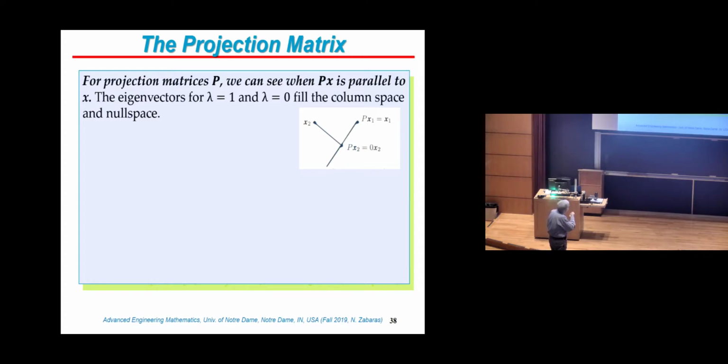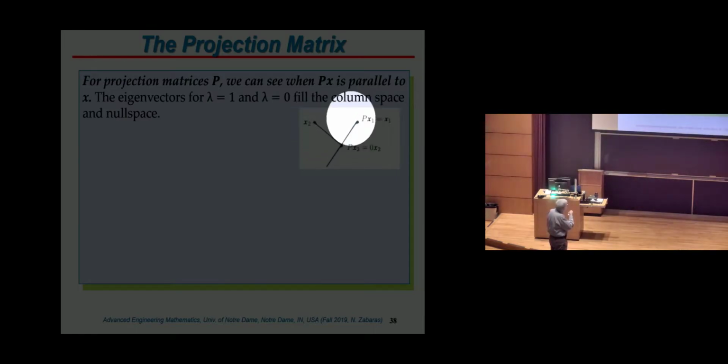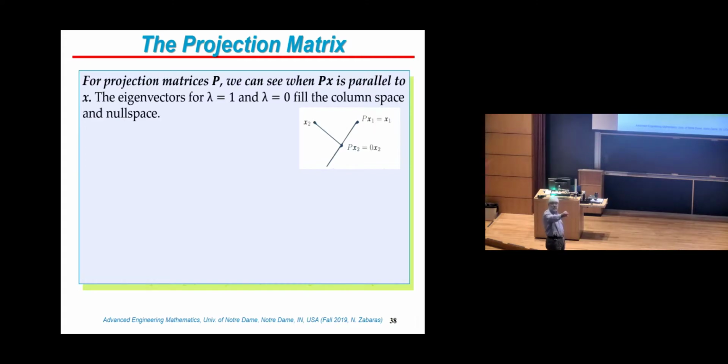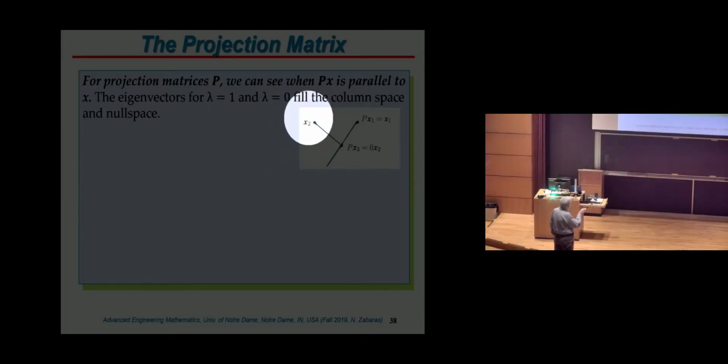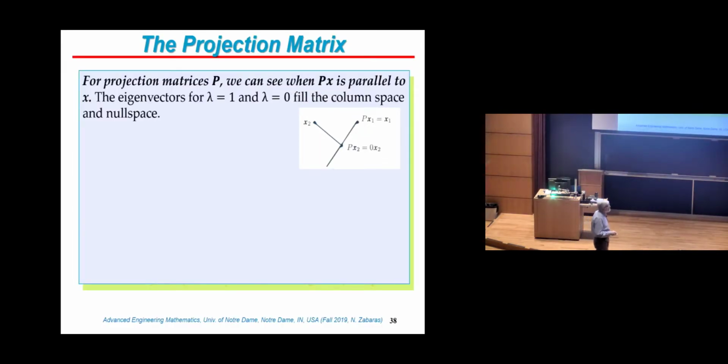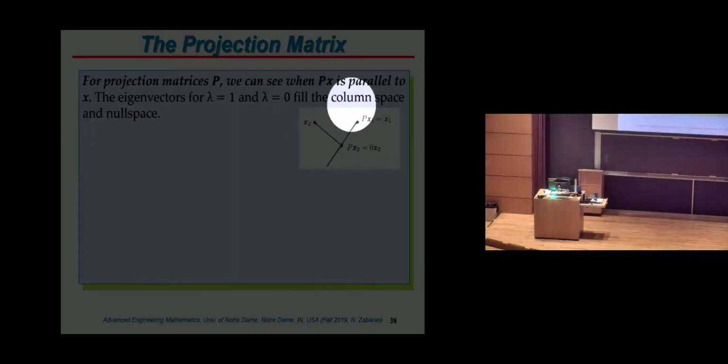How about now if you take the orthogonal complement of the column space and you take a vector x2 that is perpendicular to that column space? What is the effect of the projection matrix? When I operate on x2 with P, what does it do? What is the orthogonal complement of the column space? How do we call that space?